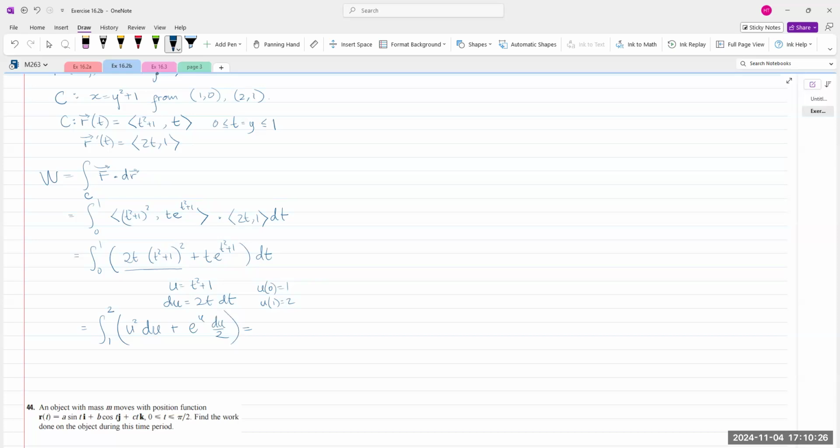Now I factor the du: the integral from 1 to 2 of u squared plus 1/2 e to the u du. That's 1/3 u cubed plus 1/2 e to the u from 1 to 2. Okay, anything after that is just computation, right?